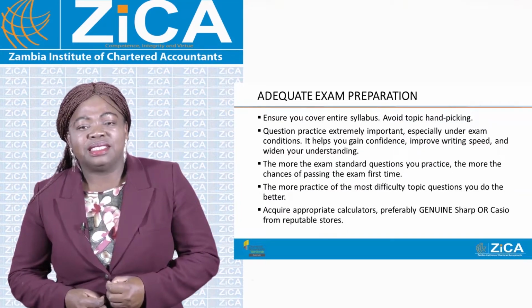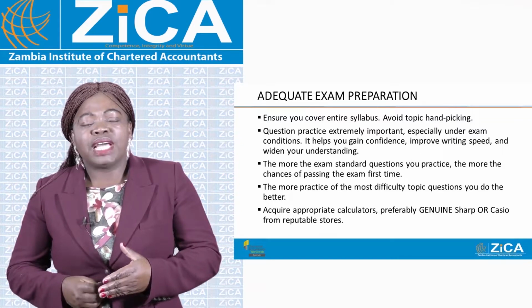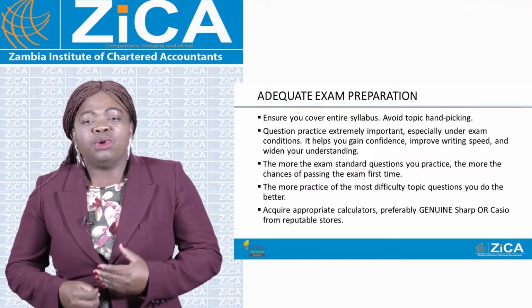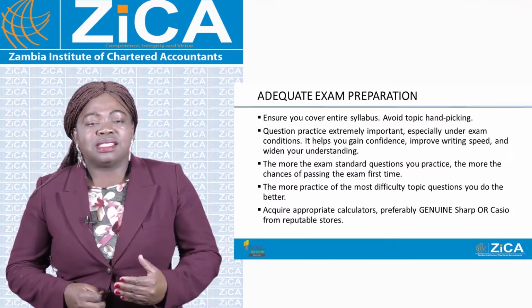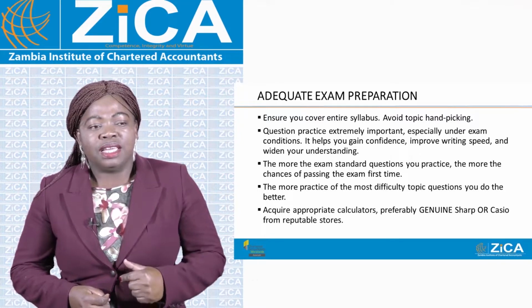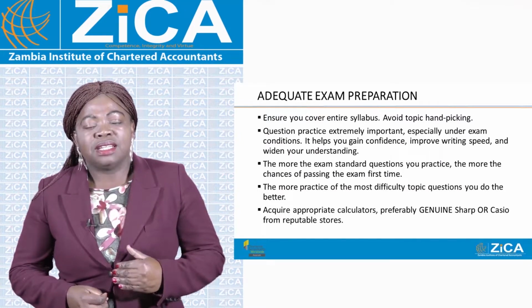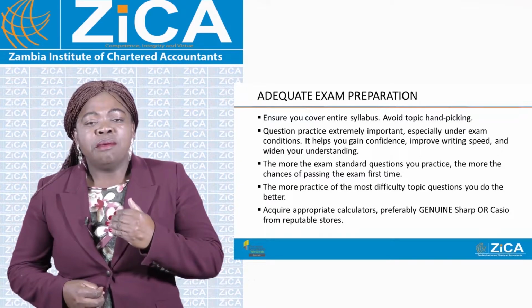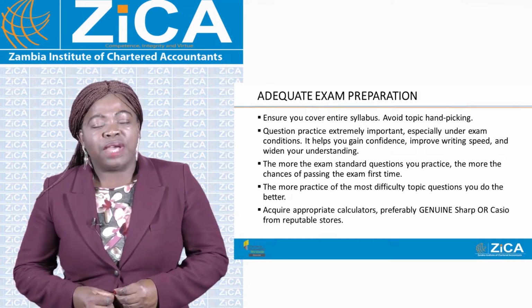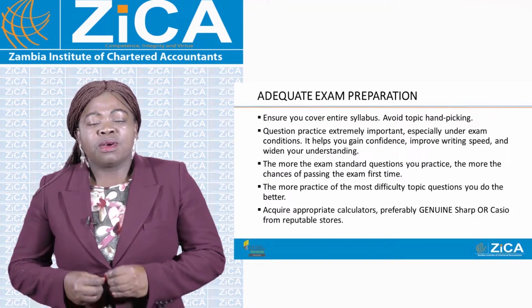The danger is that when you go to the exam not having attempted questions under exam conditions, you are likely to spend unnecessarily too much time on a particular question which has lower marks than the total number of minutes that under normal circumstances you need to spend on it.